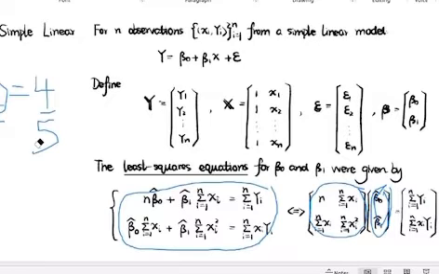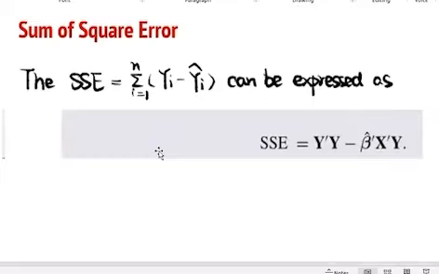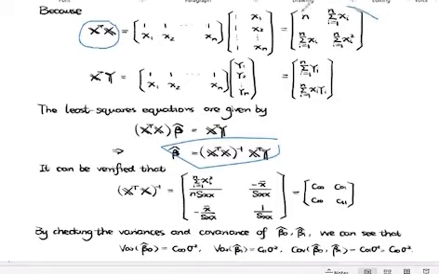Now, if you have that, take a look at this. Oh, give me one second. Okay. Now, what the formula is telling me is that this guy here, X transpose X, is the one we said we need the inverse of.